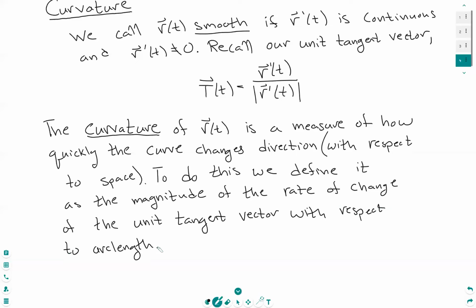Because arc length doesn't care how you parameterize the curve. The arc length is native to the curve itself. So it's something that we can definitely use to define how we change with respect to space. Arc length is inherently a part of the curve, whereas our parameterization is just this dummy variable. We can't really utilize that all too much. But the unit tangent at that point will always remain the same, regardless of what we've parameterized with. As long as it is referring to the same point in space, it will always be the same.